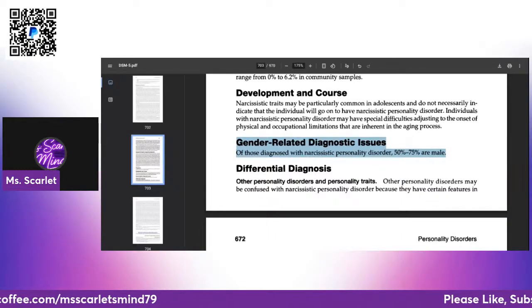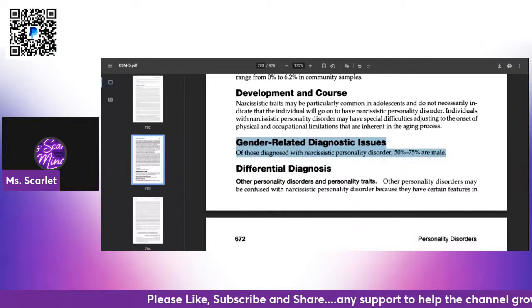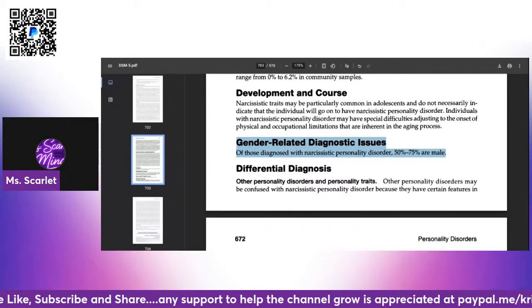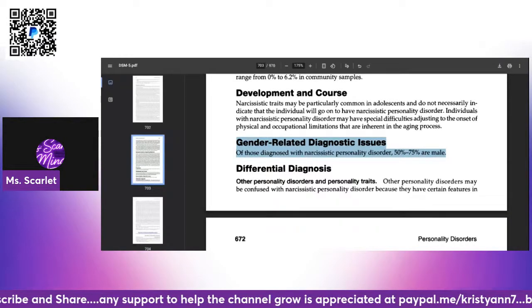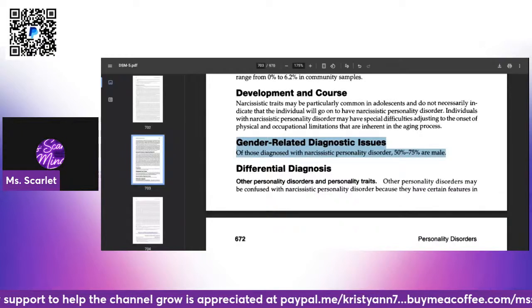Of those diagnosed, not just called narcissist, of those diagnosed with narcissistic personality disorder, 50 to 75% of them are male. Go figure. No offense to any male watching this at any point in time.